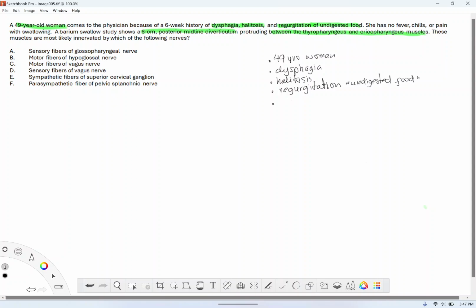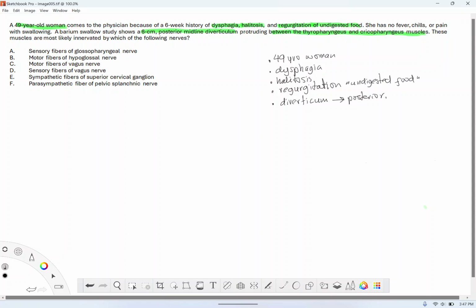And there is a 6 centimeter posterior midline diverticulum. So there is a diverticulum, which is an outpouching or a sac, you can say, protruding between the two muscles of the esophagus. So this diverticulum is posterior. A barium swallow shows a 6 centimeter posterior midline.